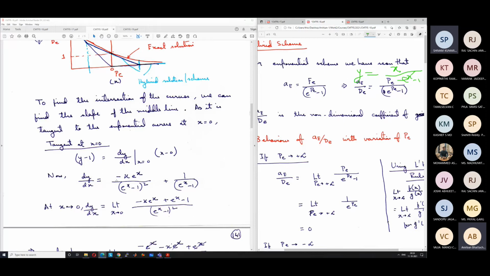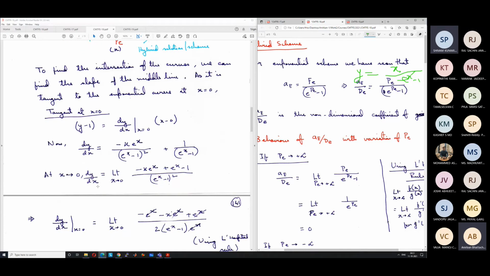And then we have to take the derivative of e to the power x minus 1, which is e to the power x. So minus x e to the power x by (e to the power x minus 1) square. This is one of the terms. Second term is that you keep the denominator same, e to the power x minus 1, and take the derivative of the numerator. Numerator is x, so derivative is 1. So 1 by e to the power x minus 1. So this is the derivative of the term x by e to the power x minus 1.